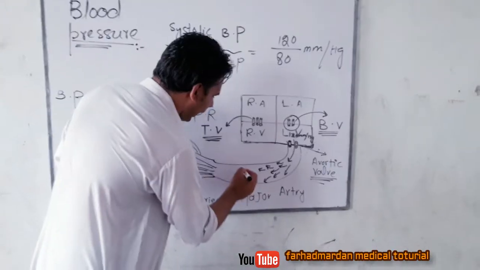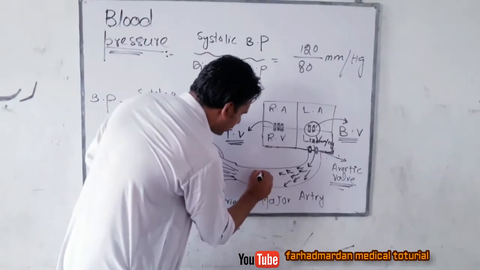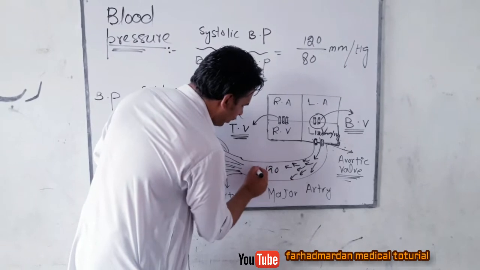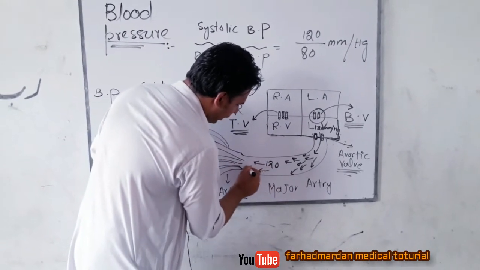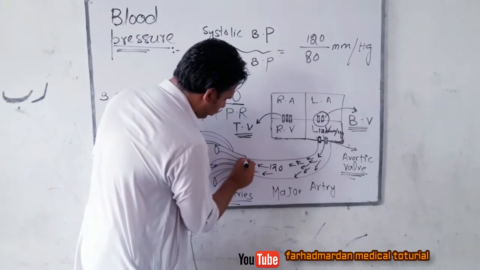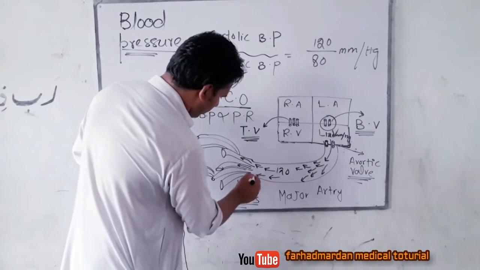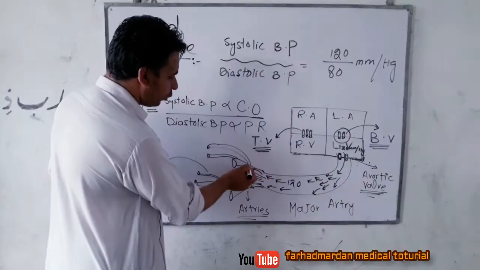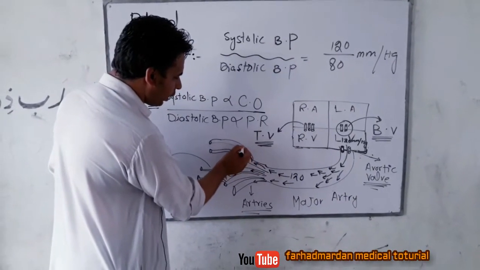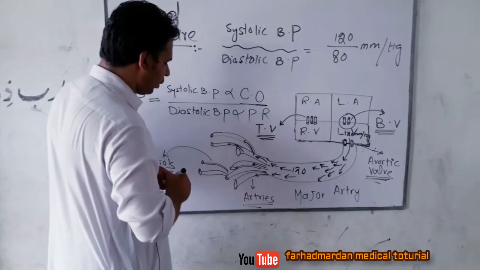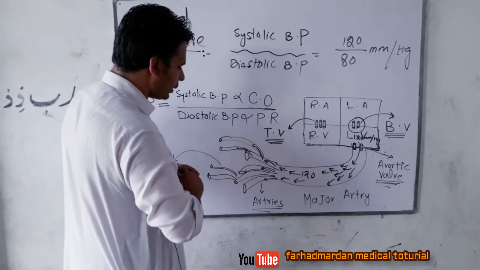Okay, and with the same systolic BP, the blood will move in this major artery and then will enter the arteries, and will finally enter the arterioles of your blood vascular system.